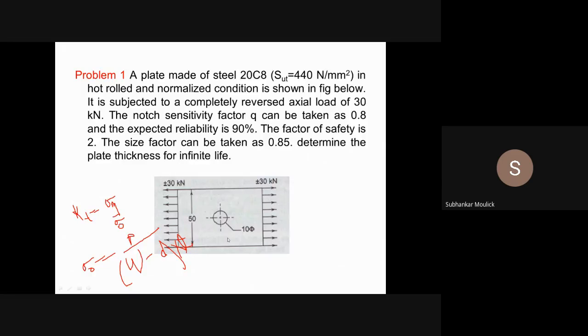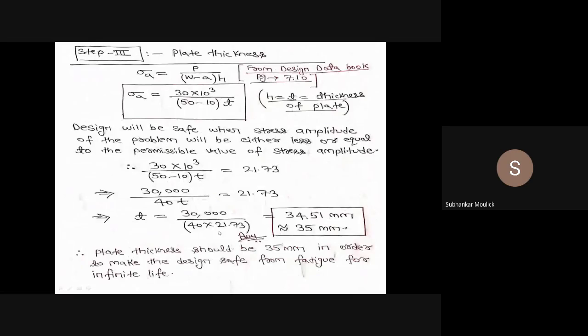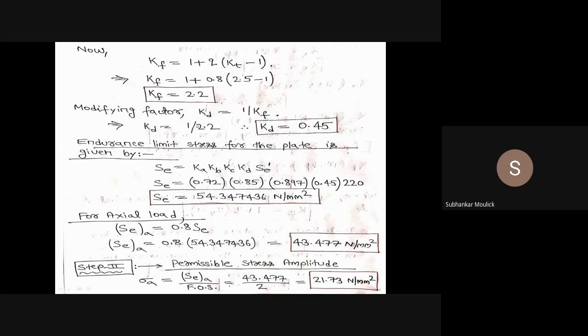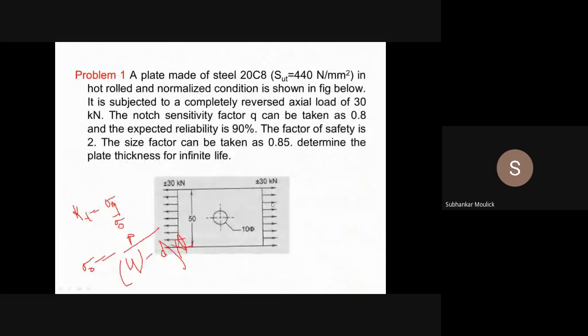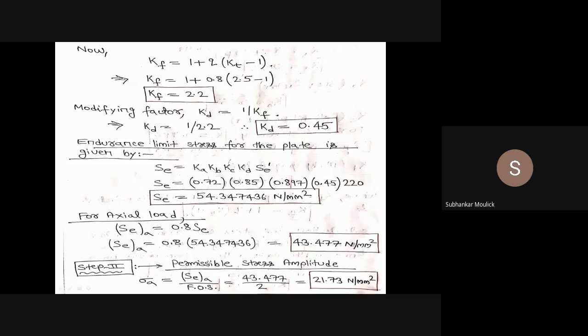So let us equate it. First let us find out that particular stress value, that is P divided by W minus D into T. P is 30 kilonewton, divided by W, which is 50, minus D, the dia of the hole, that is 10, into thickness T, which I need to find out.